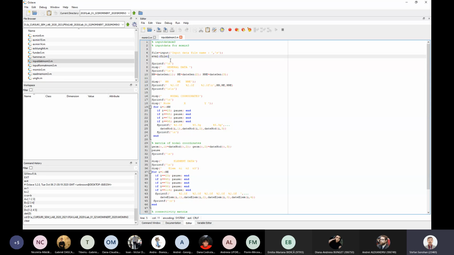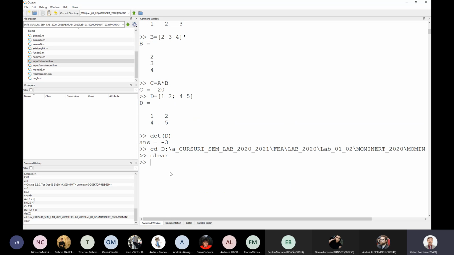For us, it's not necessary to understand all of that, because we are only users of this code. But if you are interested, you can read it and understand more.